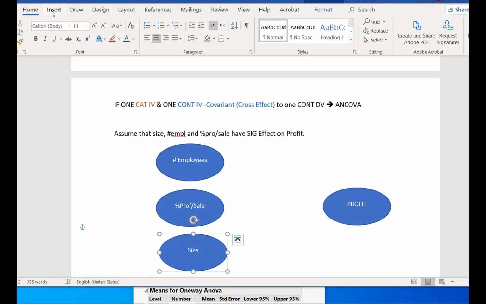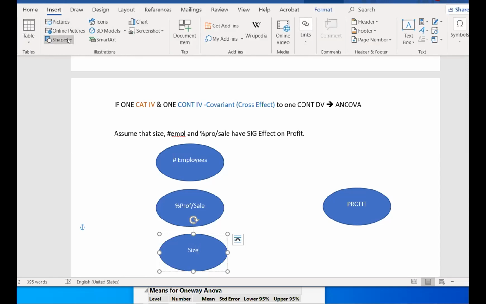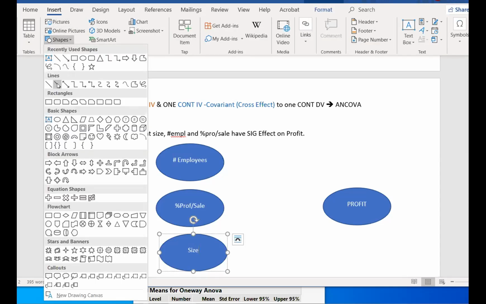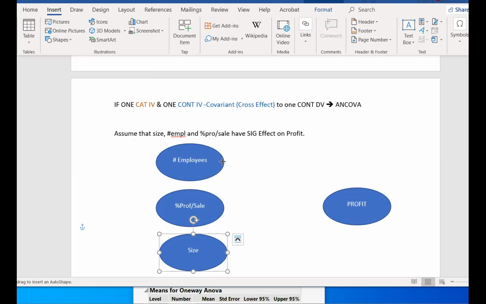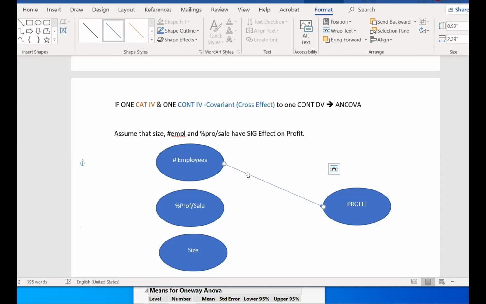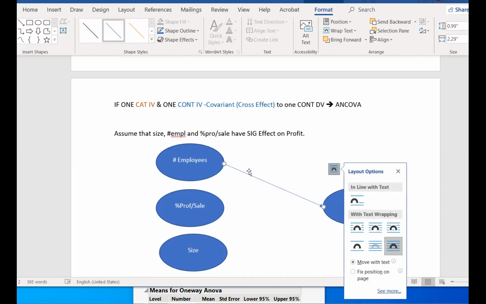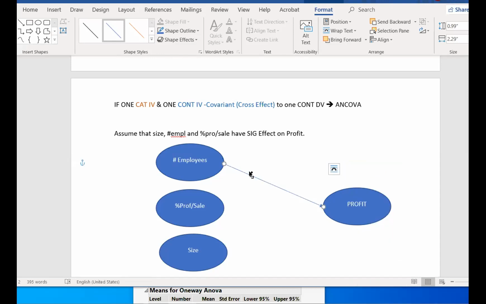How do I show it? I insert shapes again, and I use one of these directions. So arrows. I do one arrow, and I need 3 of them, and add this to my chart, to this model.